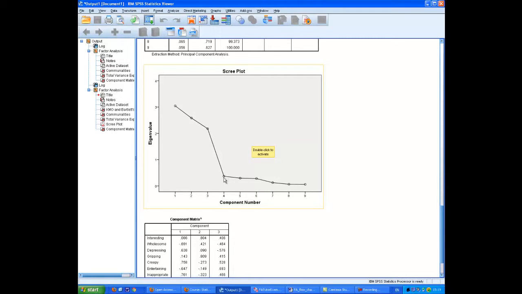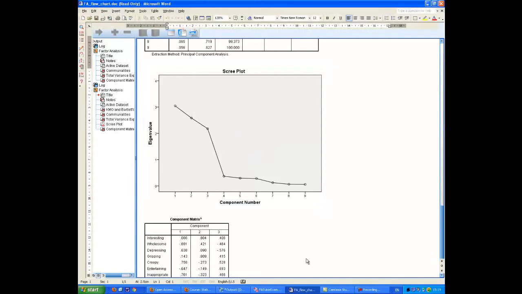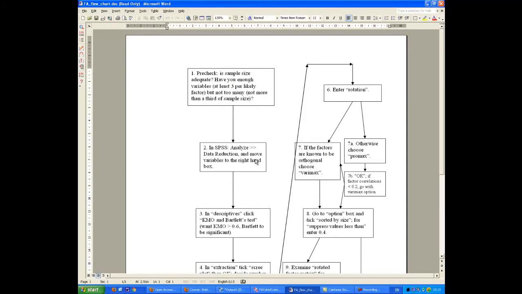Now, we count the number of factors as being the number of dots before this very sharp angular elbow here. So there's a very clear 3-factor solution, and we use that. We go back to the analysis.